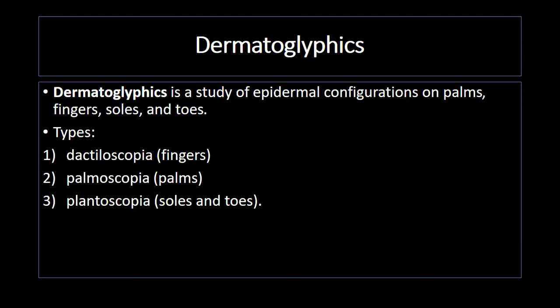Dactyloscopia is a study of the epidermal configuration of the fingers. Palmoscopia is a study of the epidermal configuration of the palms. And plantoscopia is a study of epidermal configuration of soles and toes.